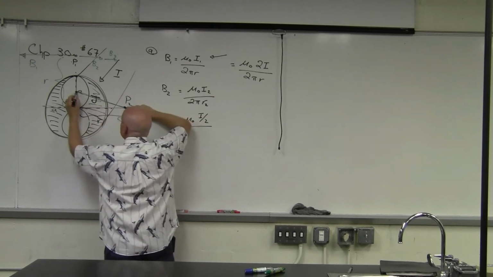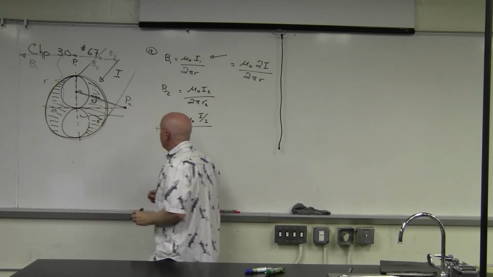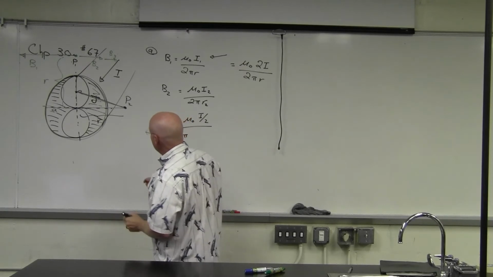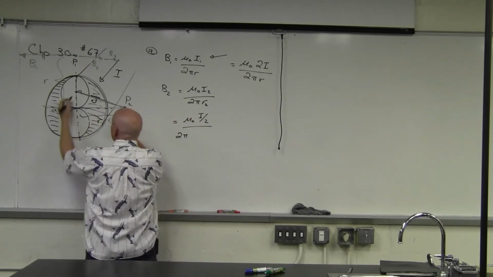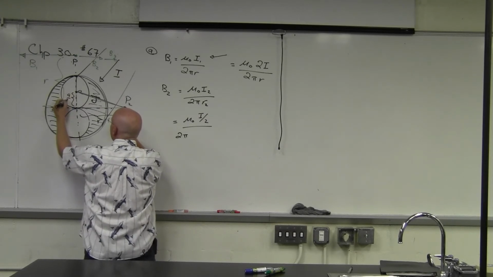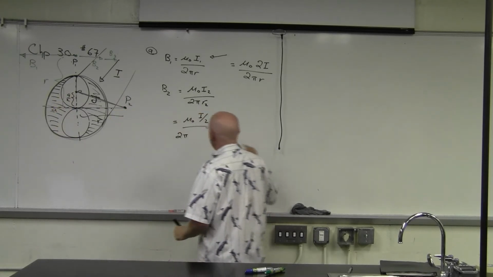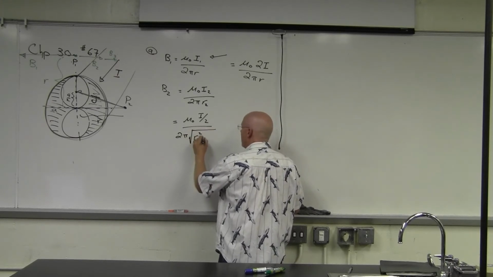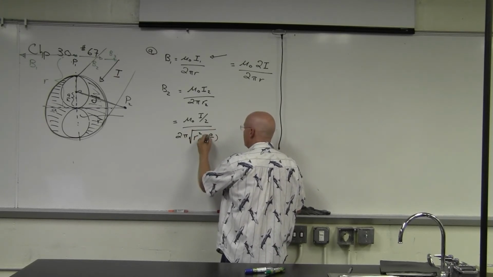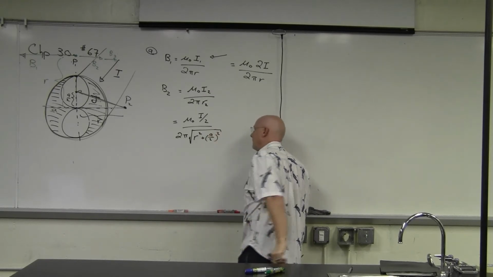How far are we from the center of that wire? To do that, we need Pythagorean's theorem, because across the x-axis is r, and then coming up is a over 2. So this would be the square root of r squared plus a over 2 squared.